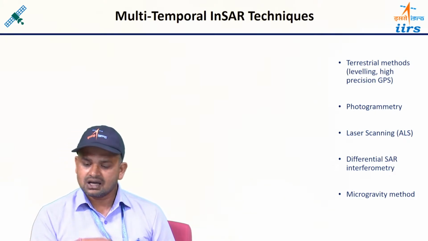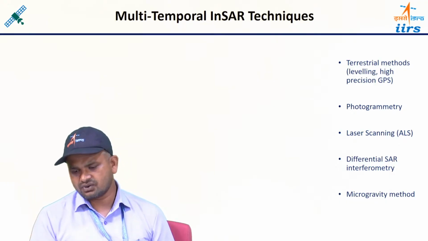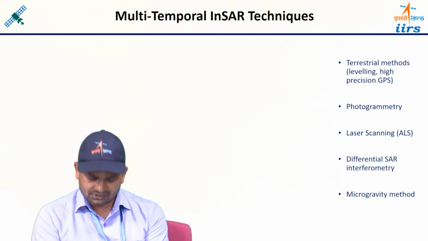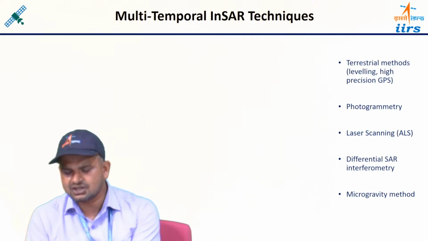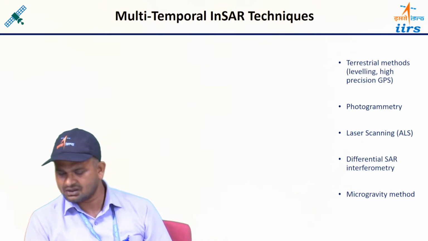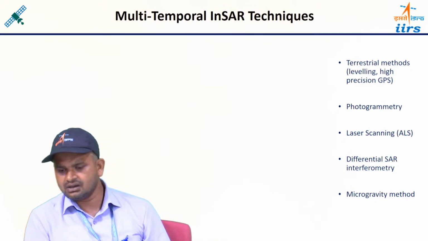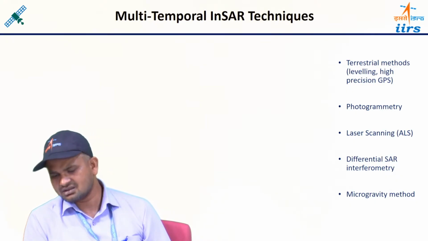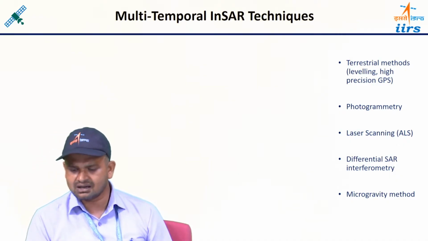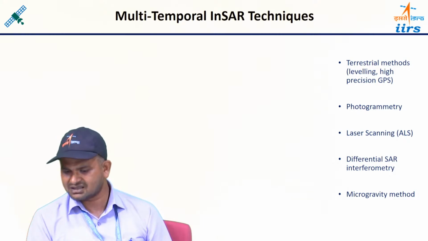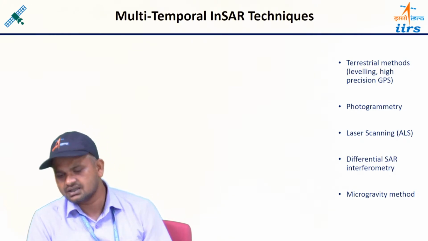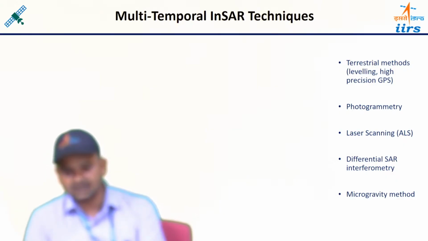And then, whatever output we are expecting from differential SAR interferometry, the accuracy level of those outputs almost matches the terrestrial methods like GPS or leveling, because the accuracy of leveling or the GPS technique is sub-millimeter, or millimeter scale, and more or less a similar level of accuracy we can expect from the InSAR techniques, or the advanced versions of the InSAR techniques with modern advancements.